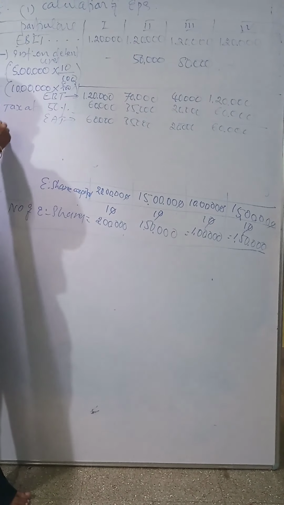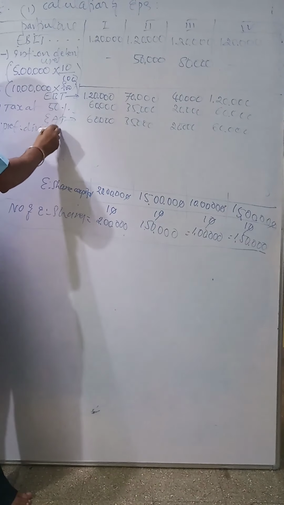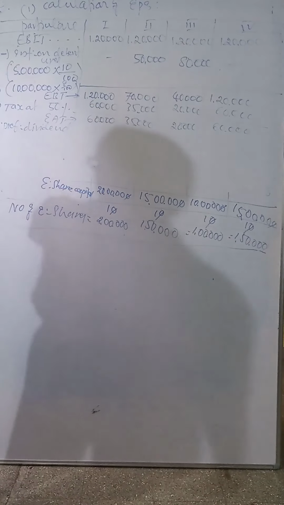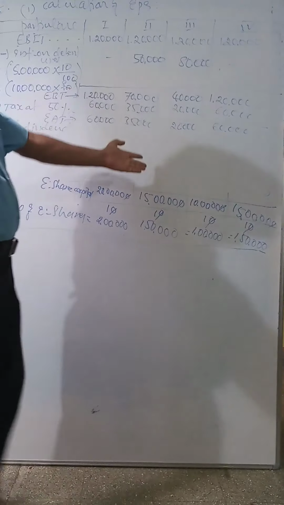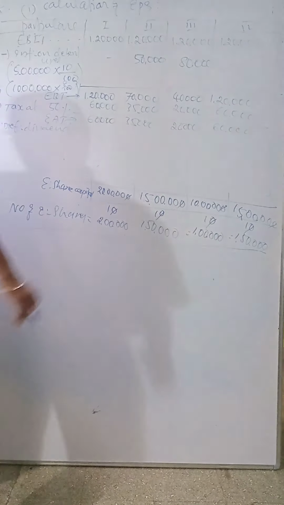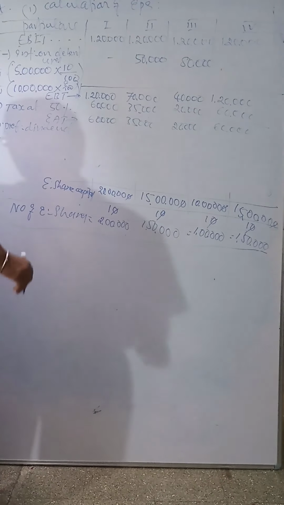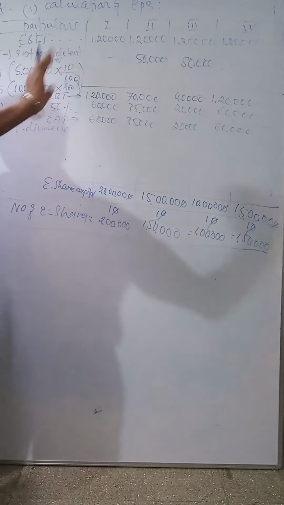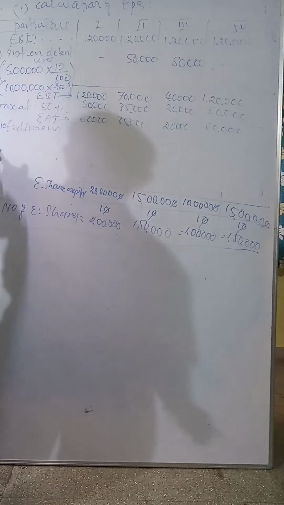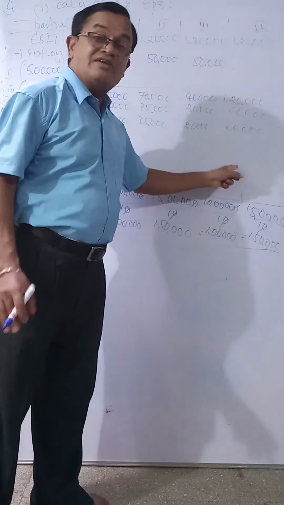Less preference dividend. Preference dividend is given in the fourth point. You see, your calculation is already done. The 4 points are given in the question. See the 4th point in the question: 5 lakh in equity shares we don't want, and 10% preference shares 5 lakh I wrote here.